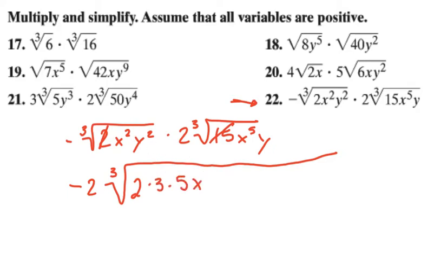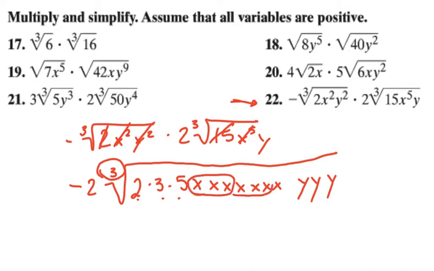X squared, 1, 2. 2 y's, 1, 2. So x squared, y squared, we're taken care of. Now x to the fifth, 1, 2, 3, 4, 5, and a y. Okay, so we need groups of 3. Only 1, 1, 1, 3, 3, and 3.